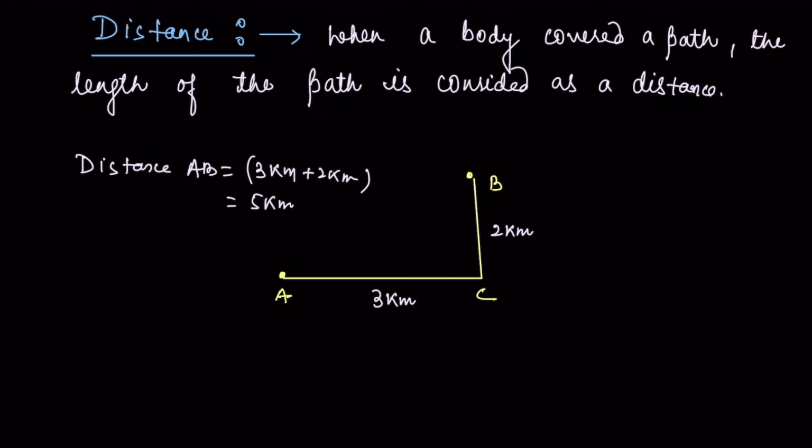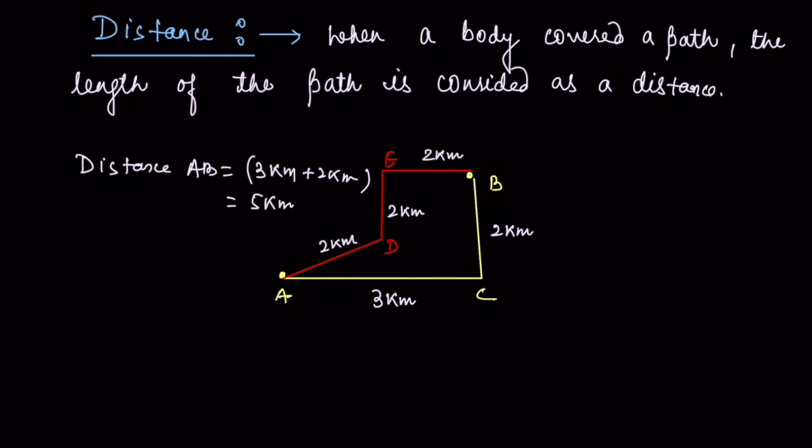If a person takes a different path, suppose the person wants to go this way first, then here, and then this way. We can consider this is D and this is E. So AD is, let's take, 2 kilometer, DE is also 2 kilometer and EB is 2 kilometer.